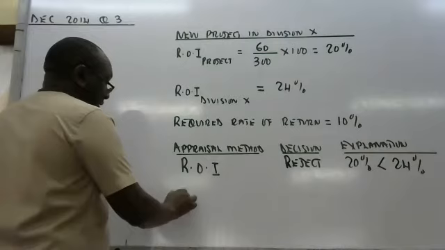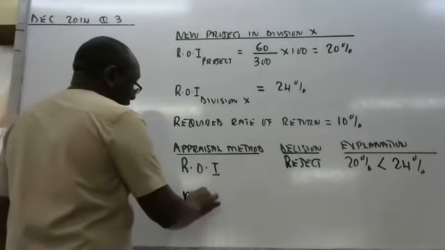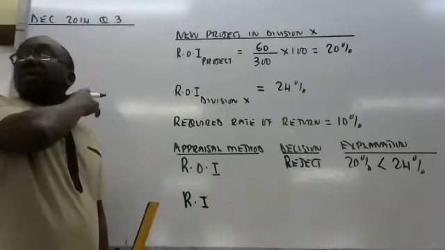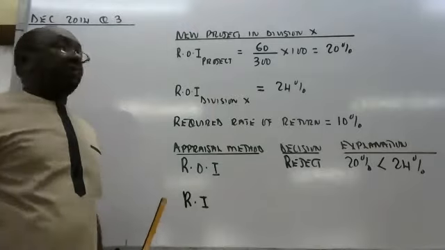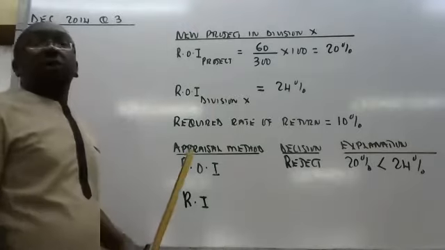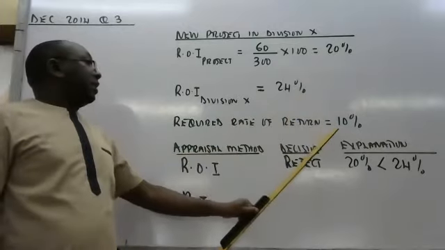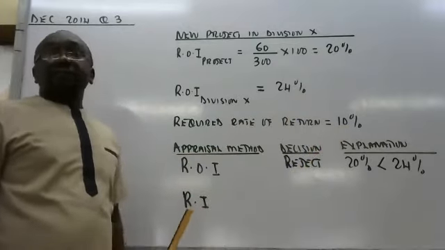The next method is residual income. If you are using residual income, I told you you compare the return on investment of the project and the required rate of return.